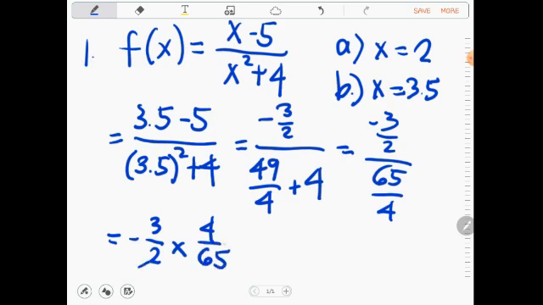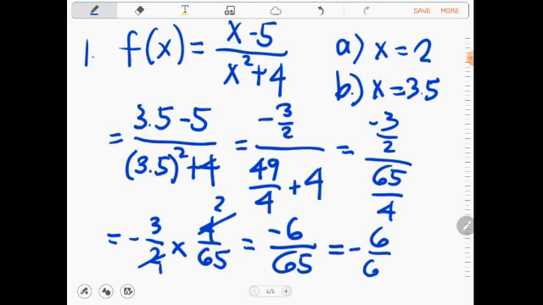In this case, we can cancel 2 and 4 and then multiply the numerator times the numerator and then the denominator times the denominator will give us negative 6 over 65 or negative 6 over 65.